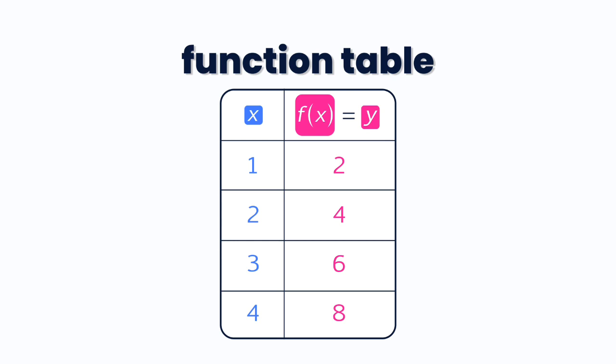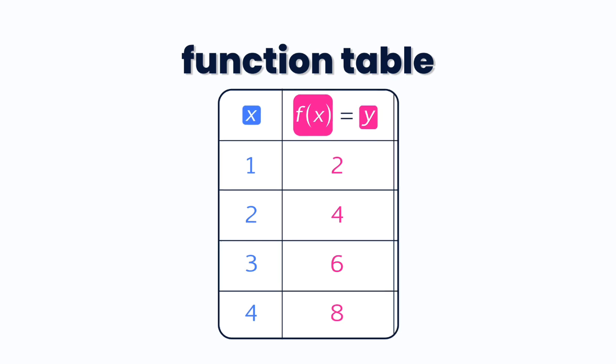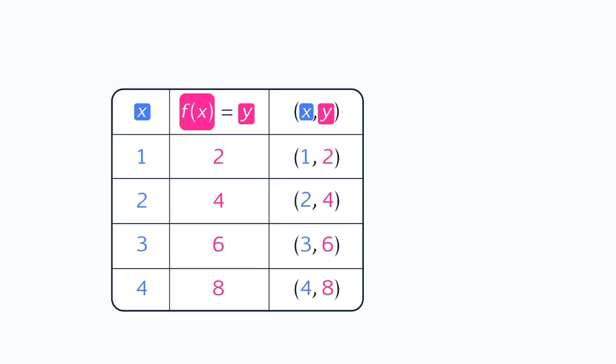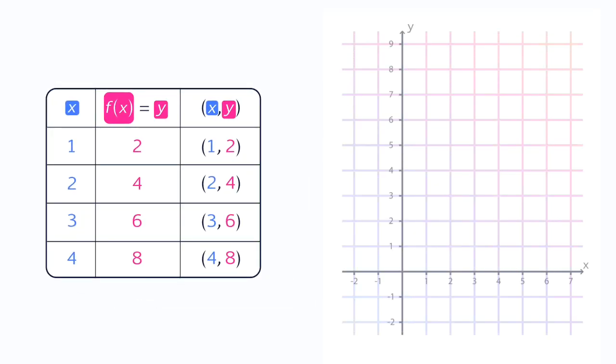The function table illustrates the coordinates of the graph. It's sometimes smart to make a third column to list the coordinates. These coordinates are points in a coordinate system. The x value is on the first or horizontal axis, and the y value is on the second or vertical axis. First, you plot the points from the function table like this.